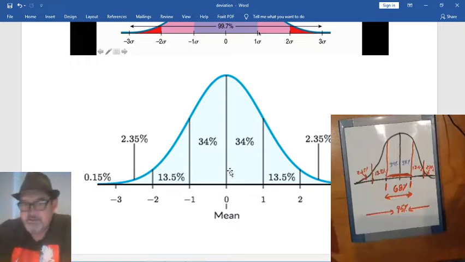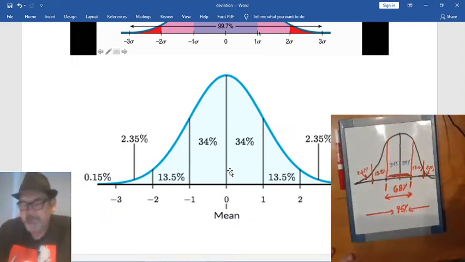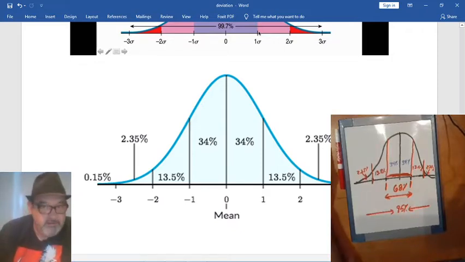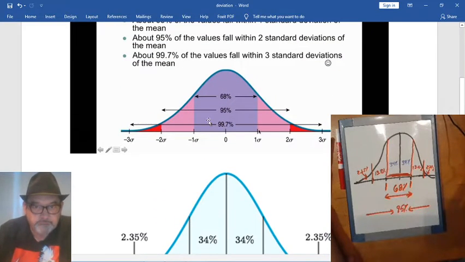All right? So it's important to remember the rules. So here's the things you have to memorize. And I know this is new, brand new information, and it's one of those things we're just going to have to memorize these numbers. The first thing that you need to remember and memorize is this chart right here, okay? One standard deviation away from the middle is 68% of the data points. Two standard deviations is 95.